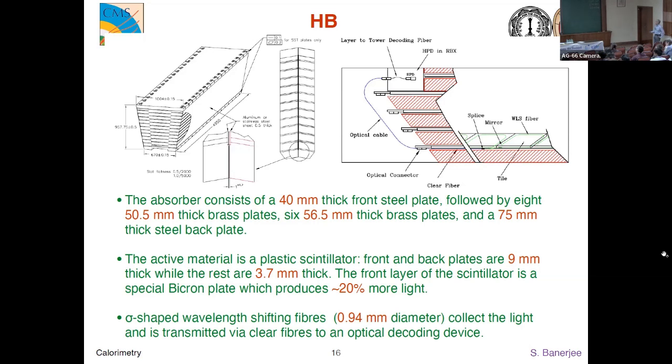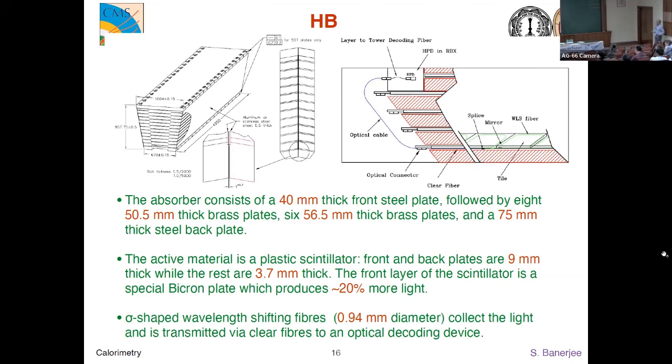The front layer of scintillator is a special Bicron plate which produces 20% more light. One thought of this mainly because you have lots of showers produced in the ECAL, and you try to weight the energy in the first layer more.